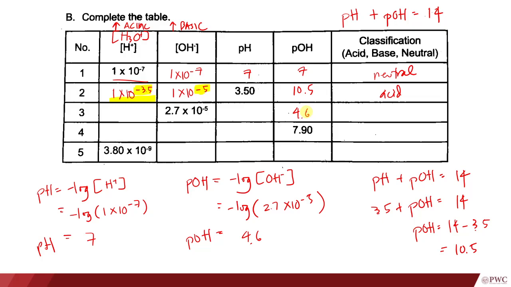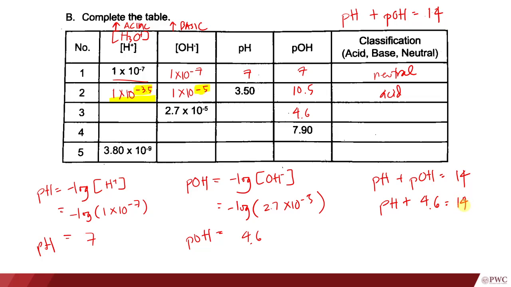What are the other numbers we can get from this one? Again, pH plus pOH is equal to 14, so we can use this equation. Let's erase first the things here. Okay, so we have the pH here. The pH is unknown, so we only know the pOH here, which is 4.6.